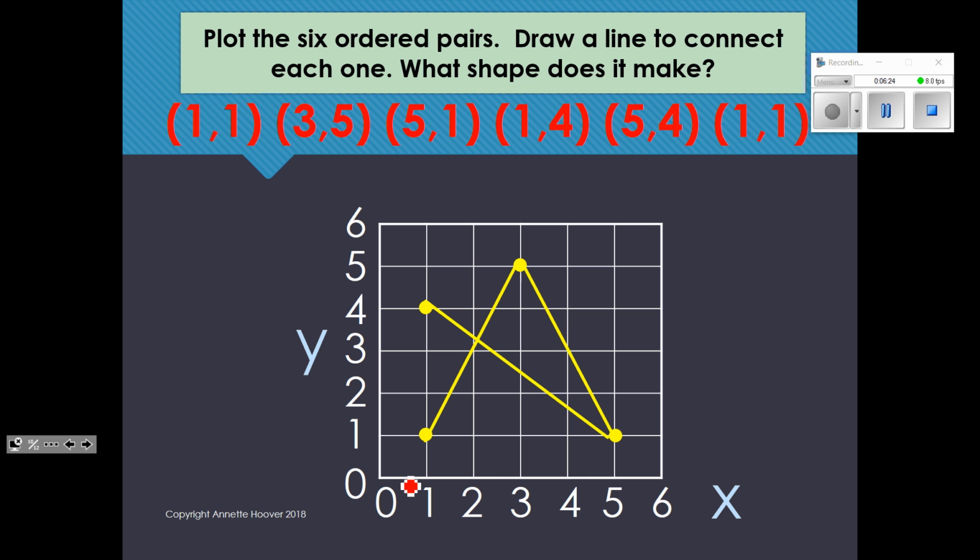So we're going to go to the right 5, up 4, and we're going to put a point there and connect it from the last point. And our last one is 1, 1, and we already have a point at 1, 1. We're just going to connect it, and we made a star. And that is how you graph on a one-quadrant grid.